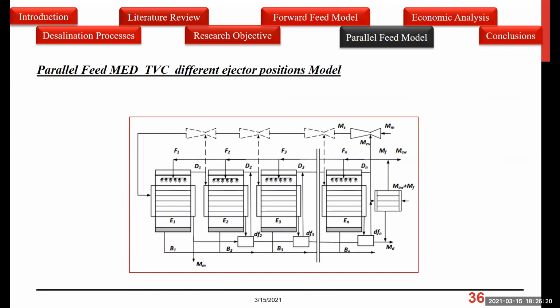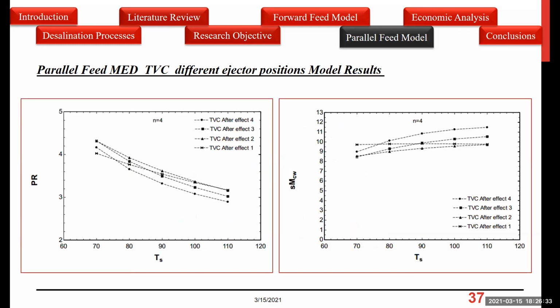Then similarly, what Khalid did is that he tried changing the location of the TVC from the last effect to any of the other effects, and the same results could be shown. If this is a four effect system, then the top here is the one for a TVC located after effect number 2, and the rest are slightly less than that.